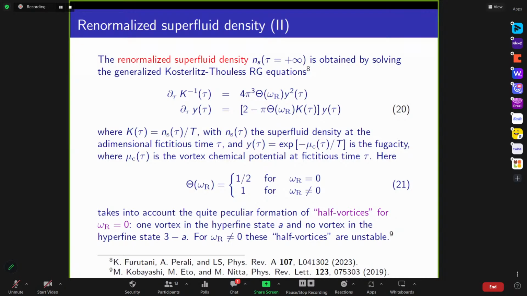Half vortices actually means, you remember that you have a two-component system, that you have one vortex in one component and zero vortices in the other component. Instead, if omega is different from zero, the preferred configuration is the one in which you have one vortex in one component and another vortex in the other component.